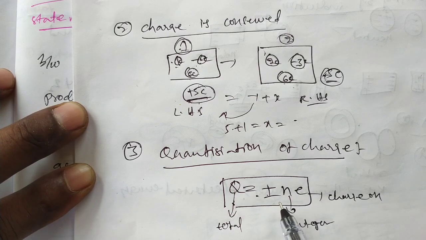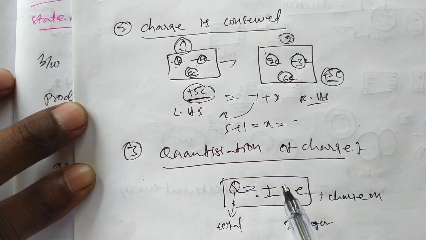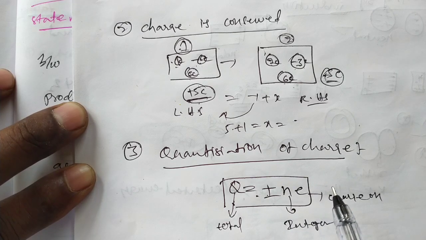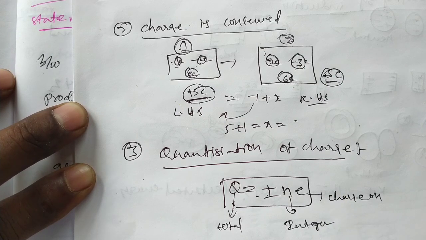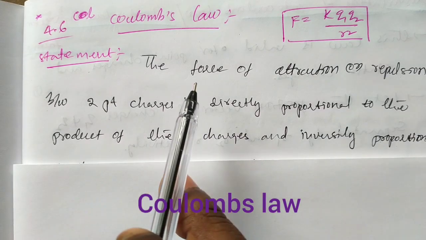That is the quantization of charge. That means 1 coulomb charge, 3 coulomb charge, but not 2.5, 3.5, 4.5. It is an integer multiple. That is the quantization property. Now let us explain Coulomb's law.